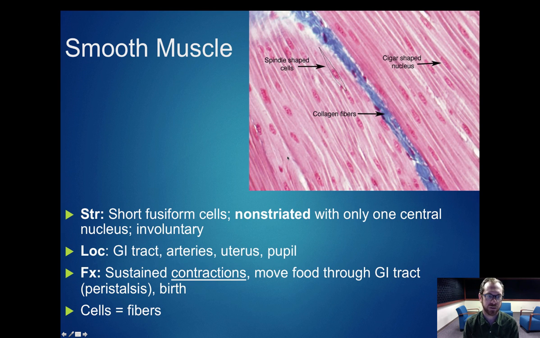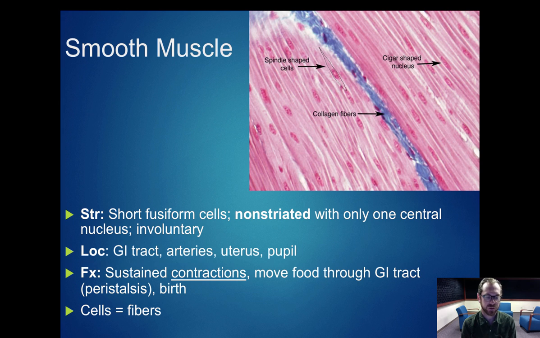And then finally here we've got smooth muscle. The structure is short fusiform cells. This is non-striated, and there's only one nucleus within each muscle fiber. The location is the GI tract, arteries, uterus, and the pupil.